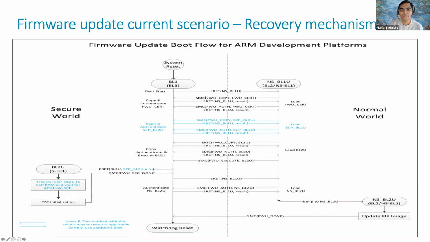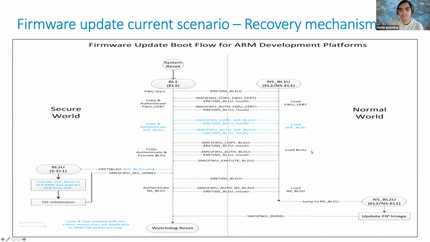The BL1 will load all the necessary components needed to achieve the firmware recovery. It will load the BL1U component, which runs in the non-secure world. Then the non-secure world talks to the BL1 over SMC calls and loads the subsequent components needed to do the recovery.